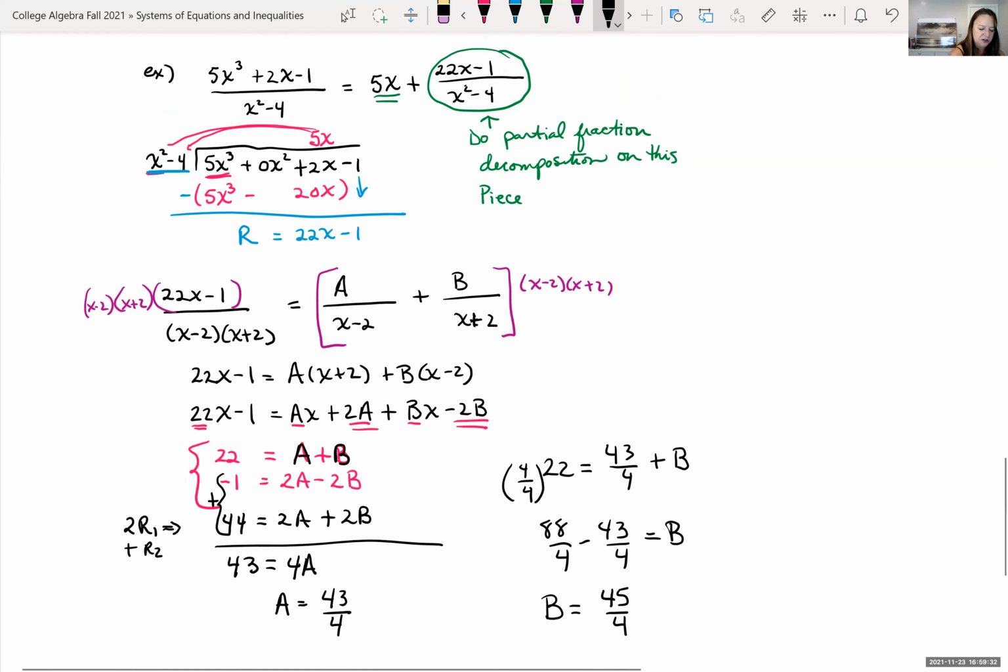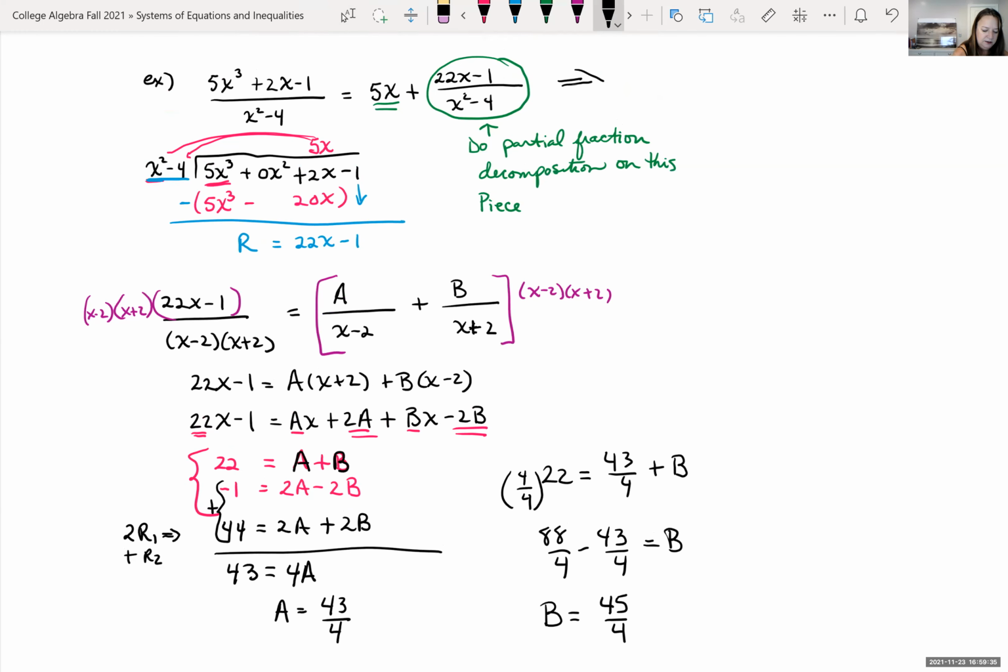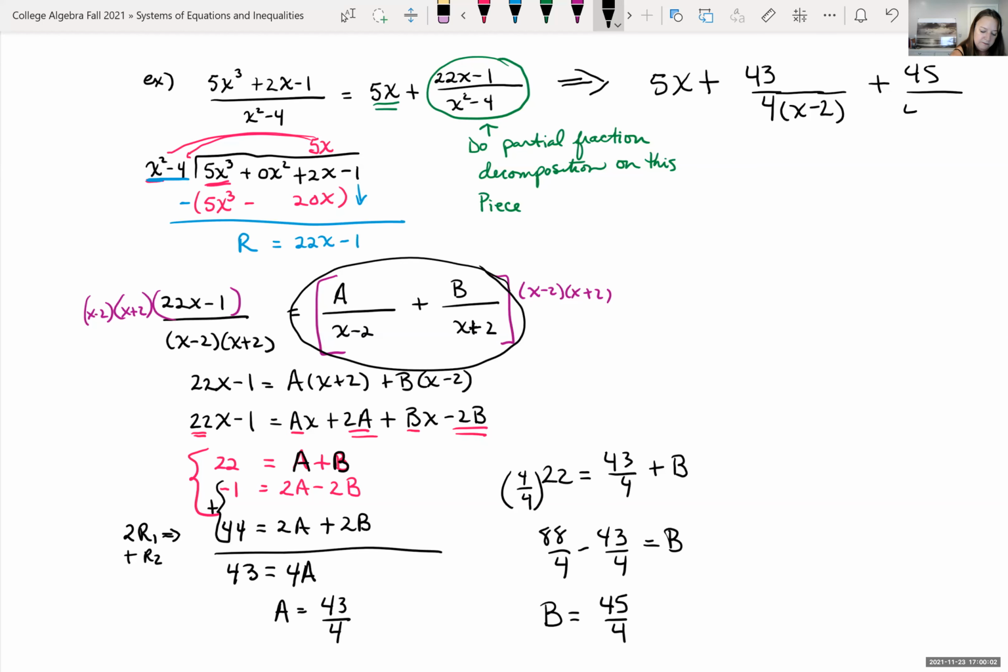Okay, so our original equation, we get 5x plus the remainder piece. The remainder piece was A, which is 43 over 4, times, and that 4 is times x minus 2, plus B, which is 45 all over 4 times the x plus 2.